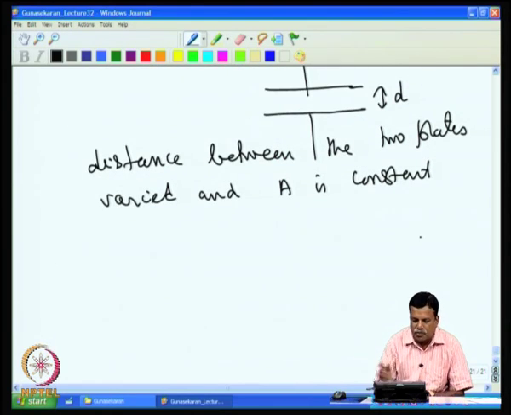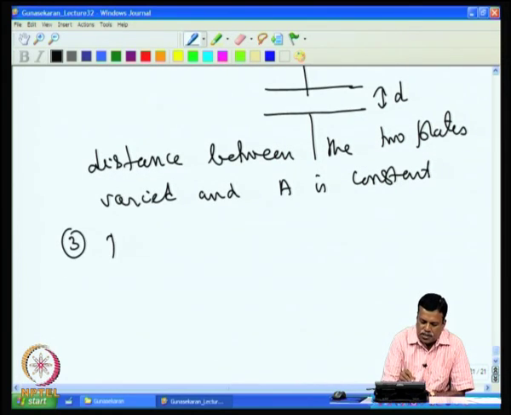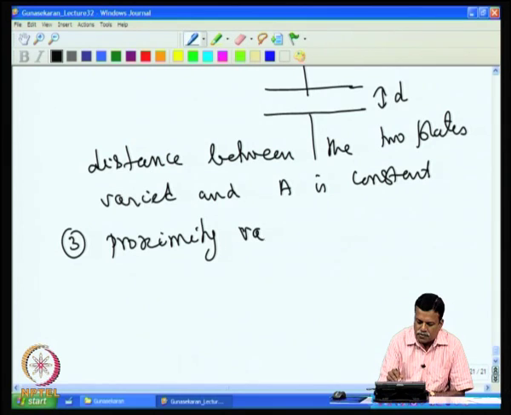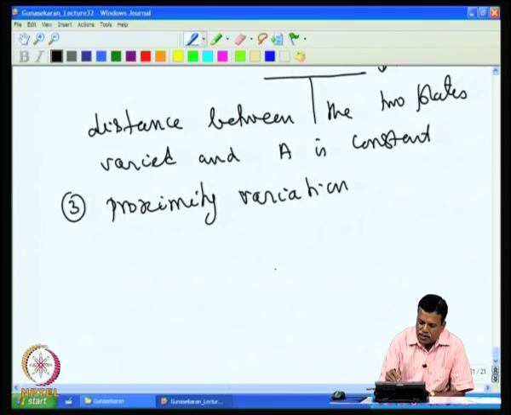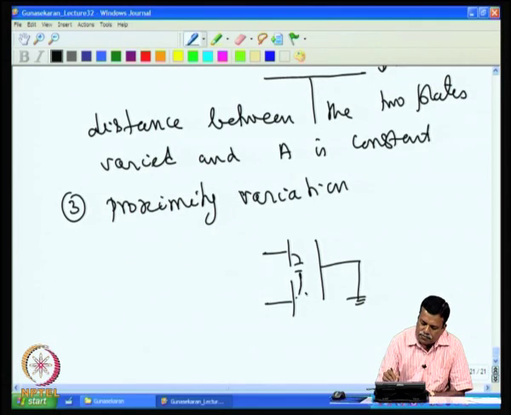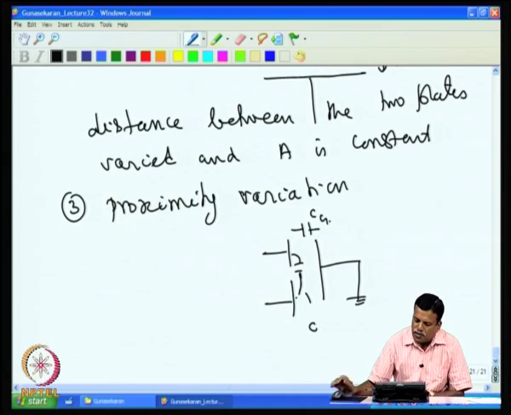There is another possible method, that is proximity variation. In this case, what is normally done is that you have two plates, and then a third plate, a grounded plate. You have a capacitance C between these two, and then a capacitance Cg between this and the ground plate.